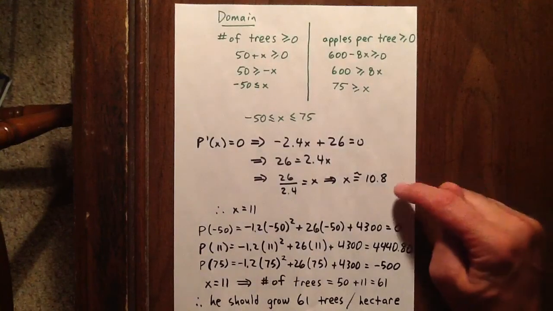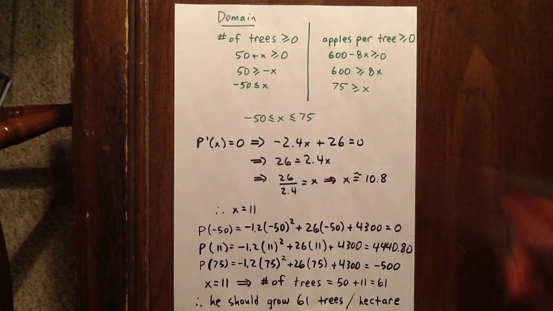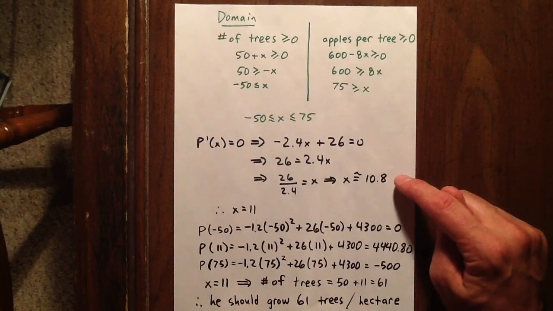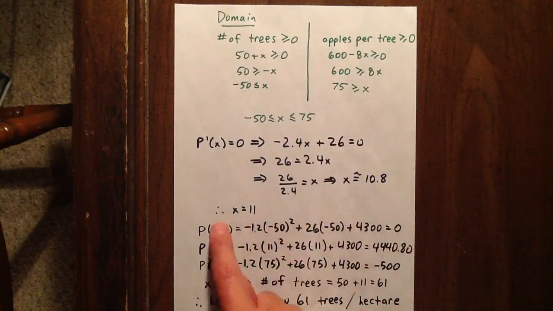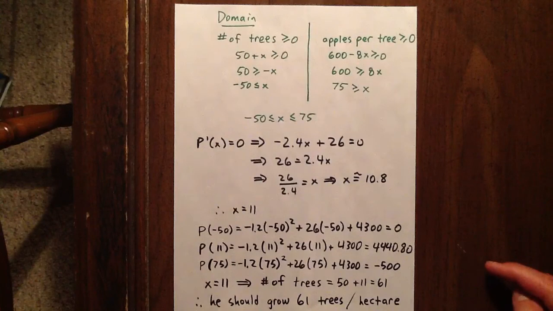So when we say that x is approximately equal to 10.8, we realize that we can't grow a non-integer number of trees, so x has to be 10 or 11. Well, we know that x has to be 11 because the vertex is going to be closer to 11 than it will be to 10. So we know that x is 11. If that's going to be our maximum profit, it'll be that number, not 10.